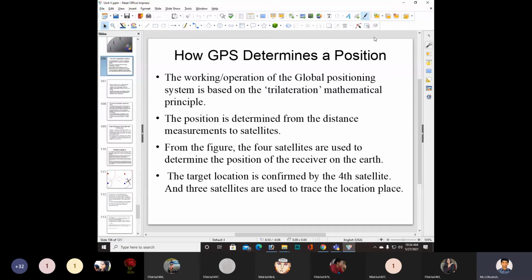So you need to keep in mind that GPS determines a position based on the trilateration mathematical principle.